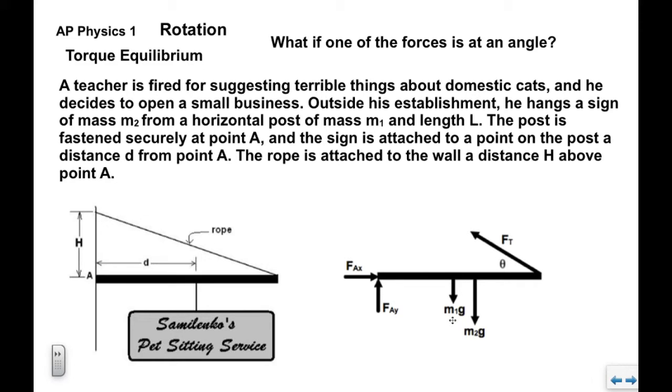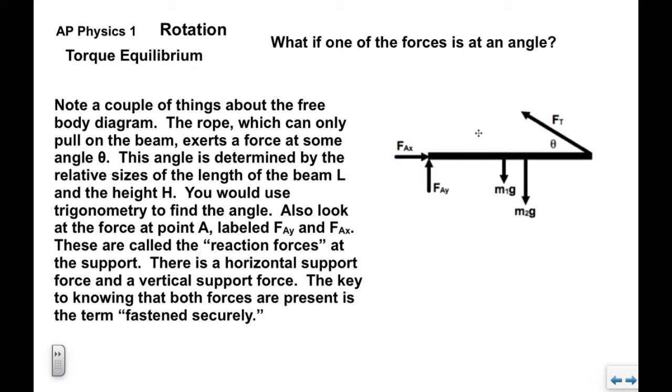We've got m1g, that's the beam itself, or the post itself. We've got m2g, that's the sign. And then we want to take a look at what's going on at the wall. The wall has to do two things. It's got to hold the post up, and it's also going to push to the right, sort of a reaction force to the x component of this tension here.